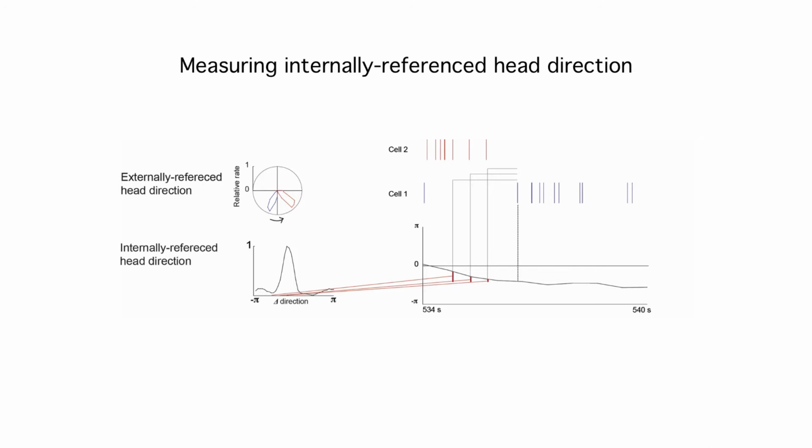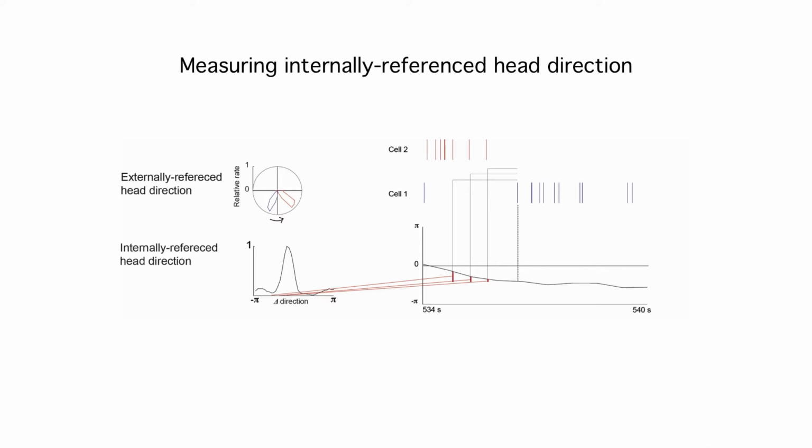And so what we decided to do is to take a spike, let's say from cell 1, this spike here, as the reference, and when that cell fired, we knew what the animal's head direction was. And then we could look at the temporal offsets. We did this out to about 5 seconds and measured the change in head direction measured by our camera for those other spikes of the second cell.